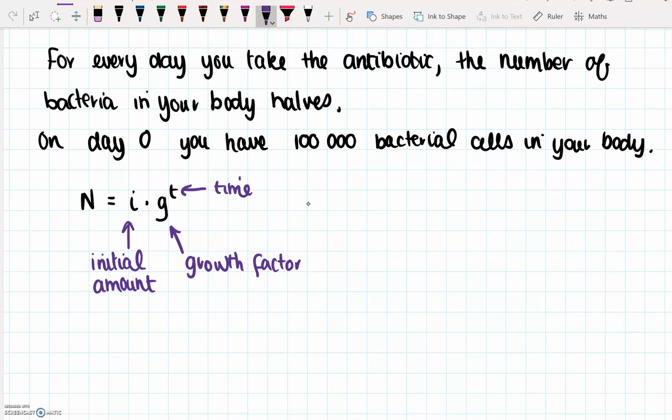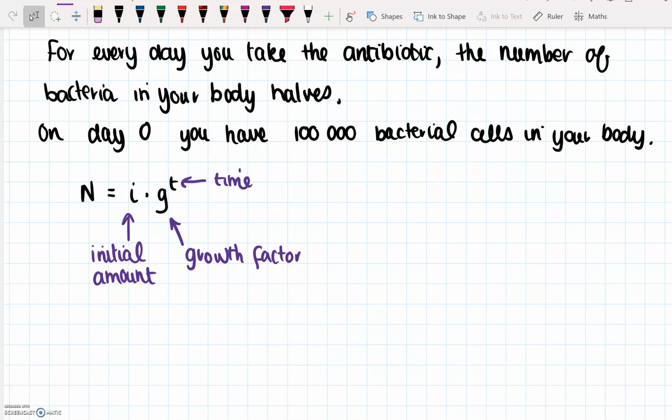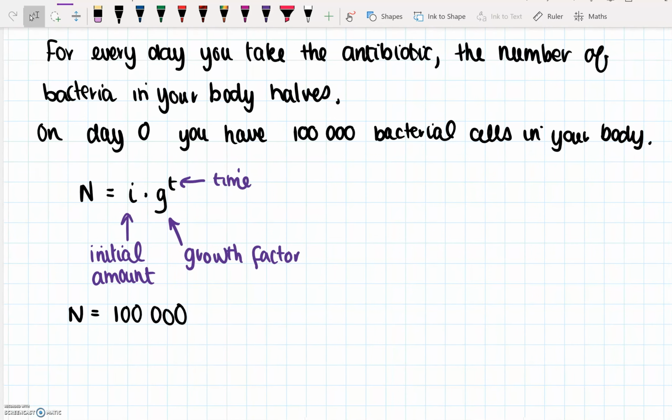Now your initial amount in this case, on day 0, that's the start, that's the initial moment, we have 100,000 bacterial cells in your body. So for our formula, we're going to have n equals, and I will be 100,000. Now g is our growth factor.